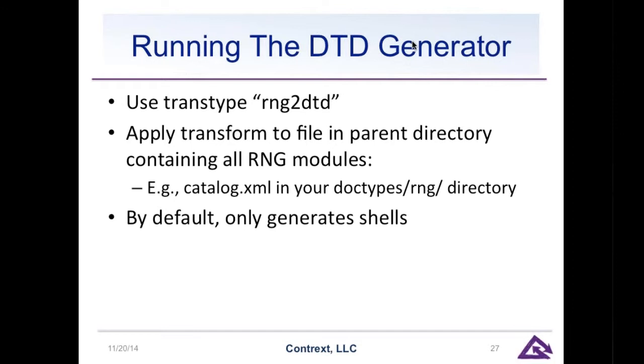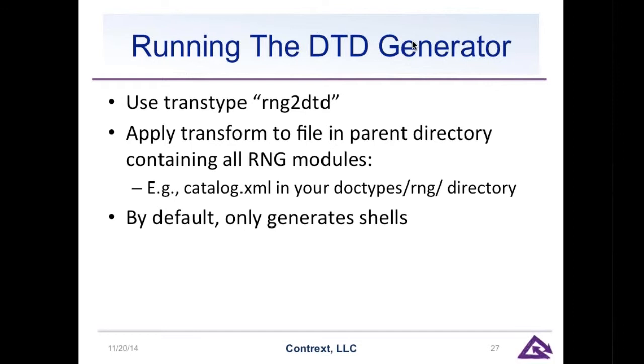By default, the process only generates your document type shells, because normally that would be what you'd want. Most DITA users would only ever be creating custom shells, right? The number of people actually creating specializations is much, much smaller. So by default, it just gives you shells.